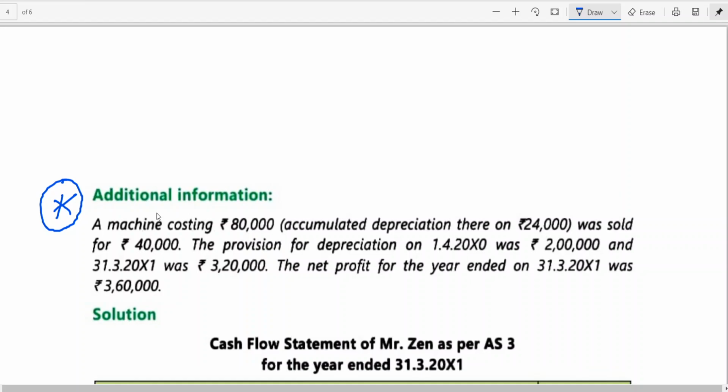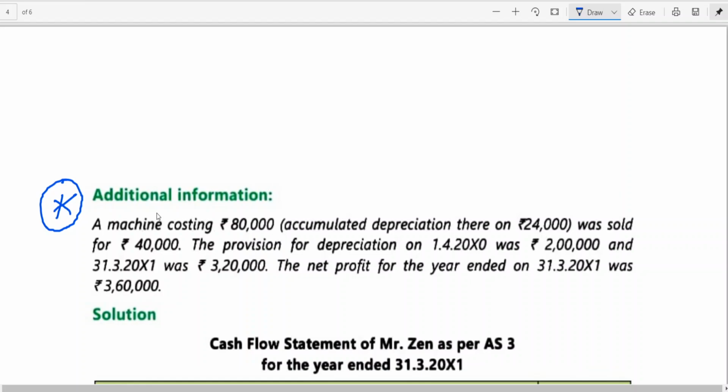A machine costing 80,000, accumulated depreciation thereon 24,000, was sold for 40,000. This is full stop. This particular thing has been completed.